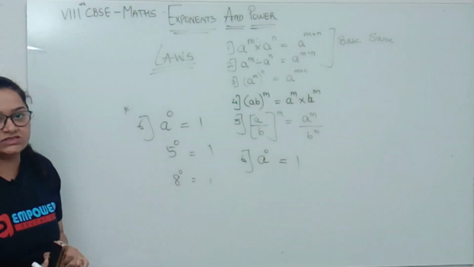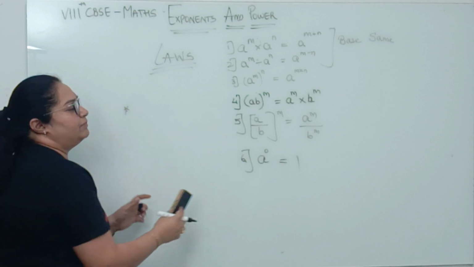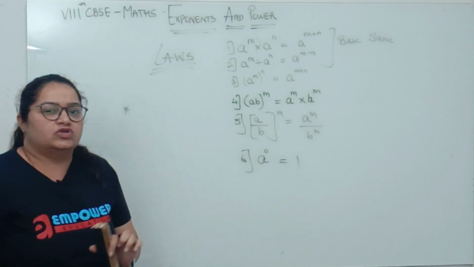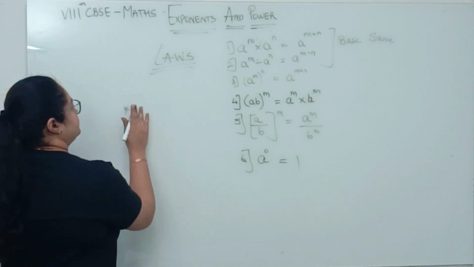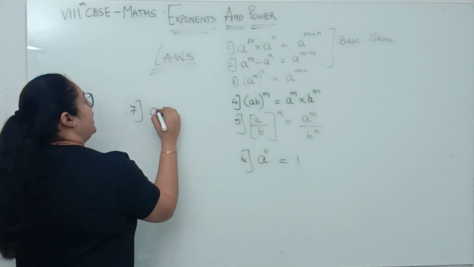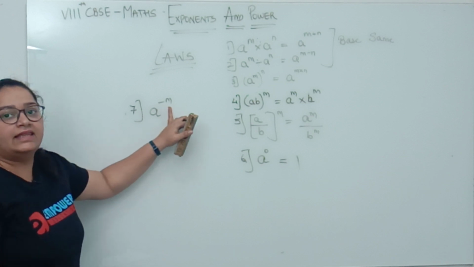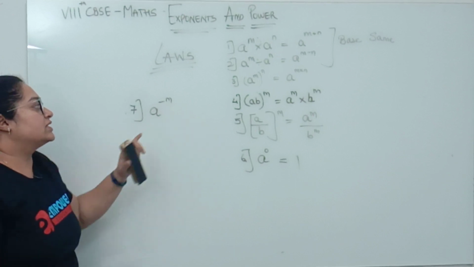Let us see the last law of exponents and power. The last law is not applicable for the 7th standard, but it will definitely come in 8th standard. So just for information, I am telling you what the 7th law tells us. The 7th law tells us a raised to minus m. क्या है यहाँ पे? नेगेटिव है. तो नेगेटिव रहेगा तो तुम क्या करोगे? उसका रेसिप्रोकल हो जाएगा.